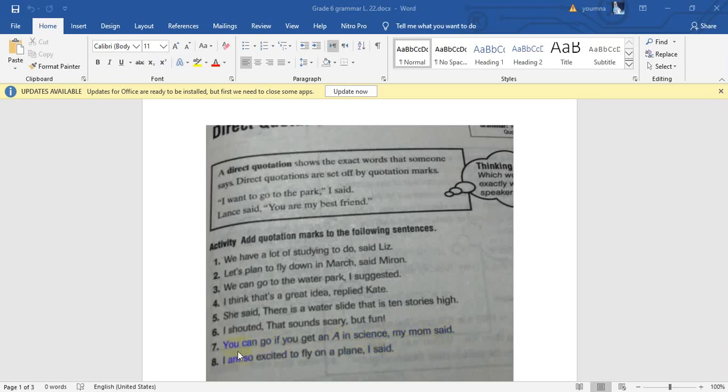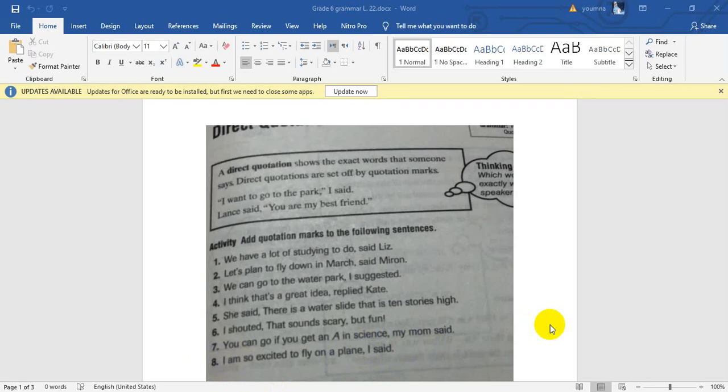So here you will open the quotation, put a quotation mark before you and then after the comma close the quotation mark. "I'm so excited to fly on a plane," I said. So here you will put a quotation mark before I and then after the comma you will put another quotation mark to close it.